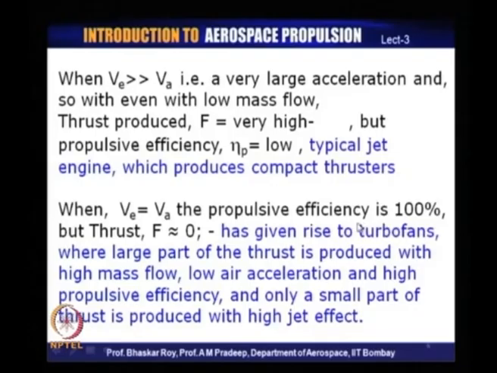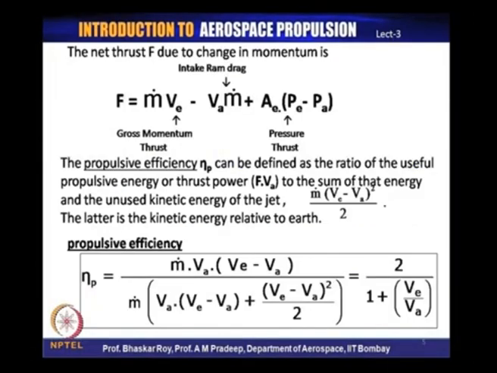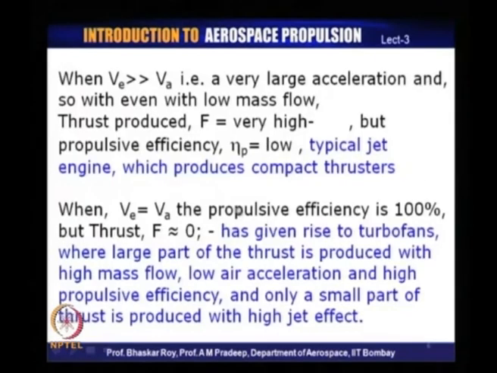However, if that happens from the earlier equation over here, assuming that this pressure thrust is 0, the thrust produced would actually be pretty close to 0. That means, when the propulsive efficiency is 100%, the thrust produced would be 0. Obviously, such an engine is of no use to us.